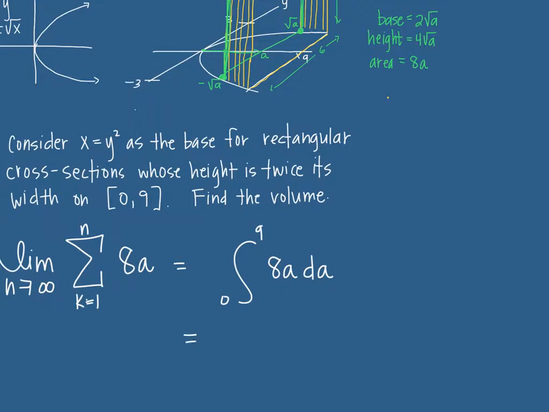And then the hardest part is the setup. Once you've got the setup, the calculus is going to be a breeze. Okay, the antiderivative of that is 4a squared plus the constant c going from 0 to 9.